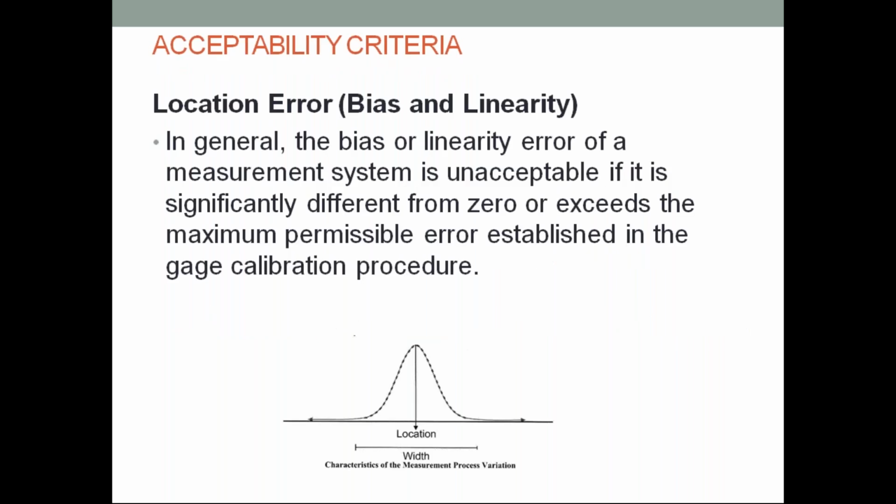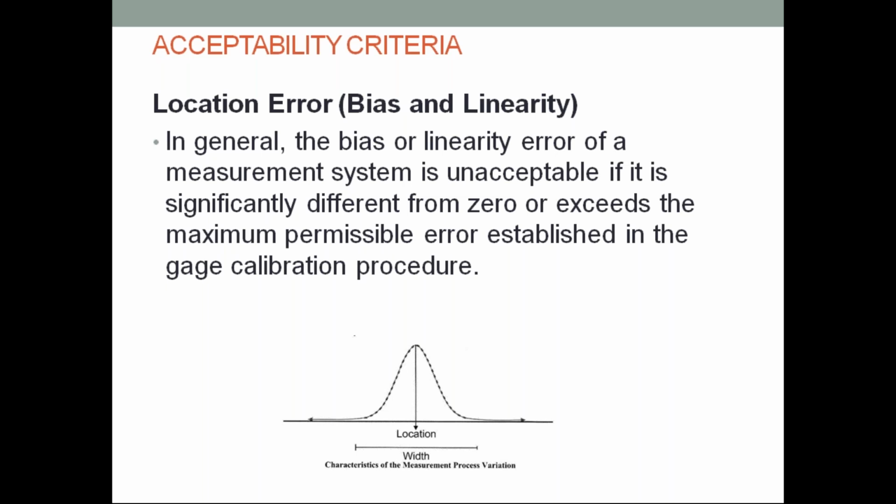So again, to be acceptable, you take a look at the location error. In general, the bias or linear error of a measurement system is unacceptable if it is significantly different than 0. That means when you calibrate it, it should be measuring that value. Or if it exceeds the maximum permissible error established in the gauge calibration procedure.